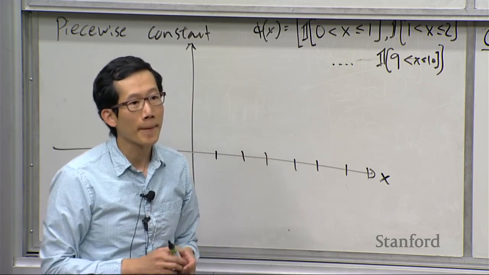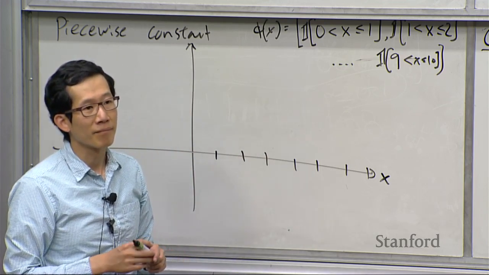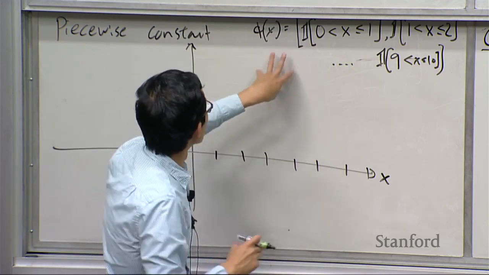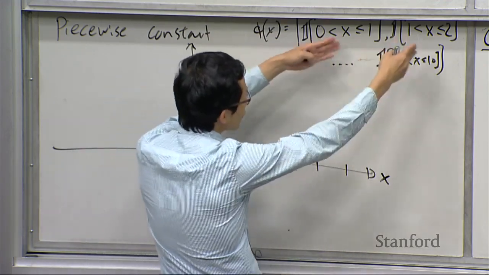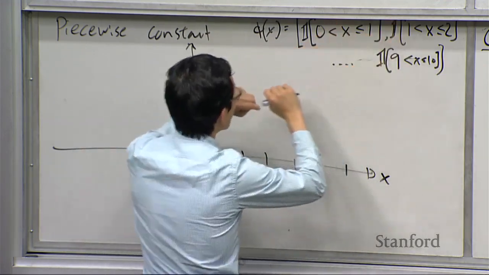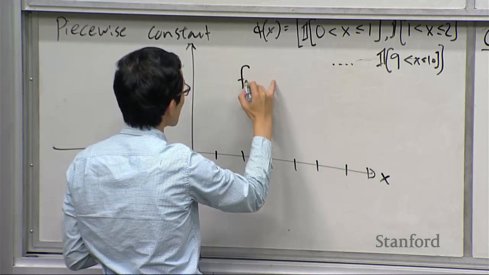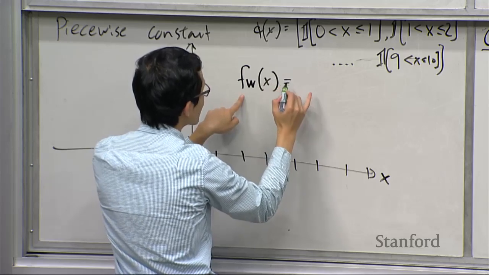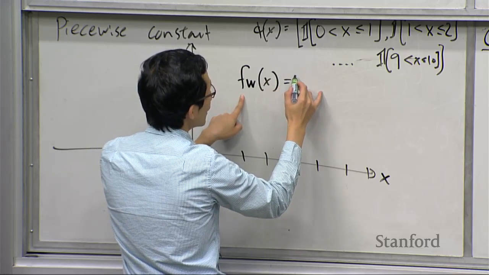Yeah, what range x should be in? Yeah. So the weight has to do with the particular feature, but what is its interpretation? So w f of x is equal to.